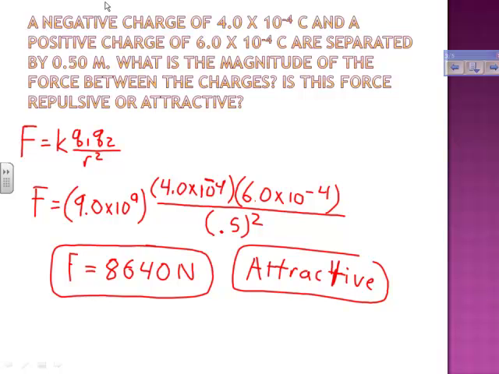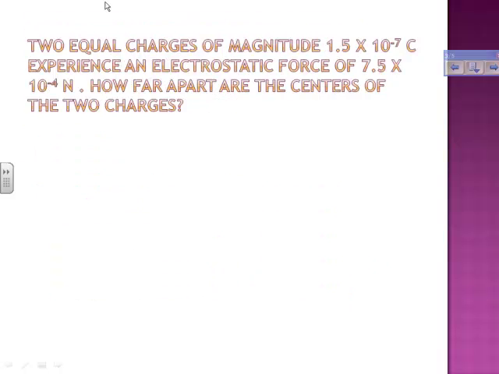Okay, let's try another one. Two equal charges of magnitude 1.5 times 10 to the negative 7 coulombs experience an electrostatic force of 7.5 times 10 to the negative 4th newtons. How far apart are the centers of these two charges? So force equals K Q1 Q2 over r squared.